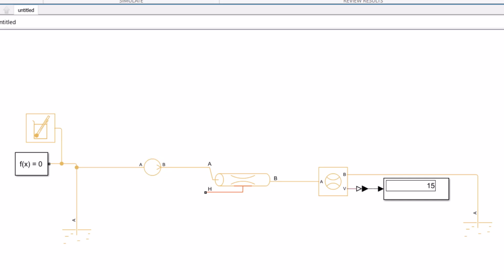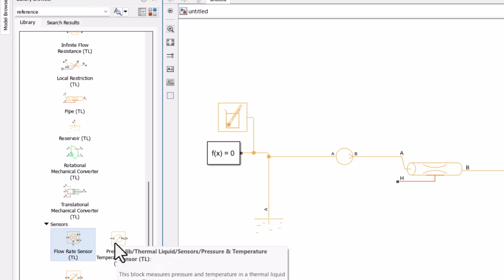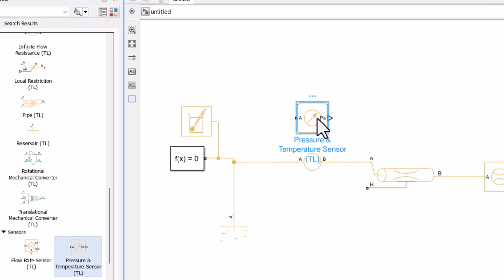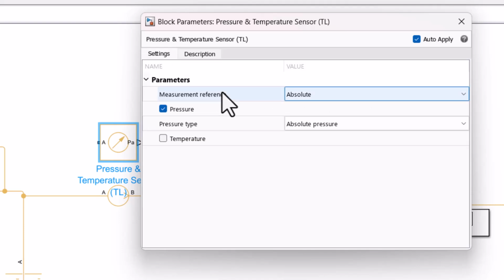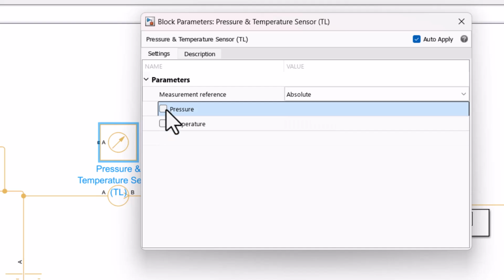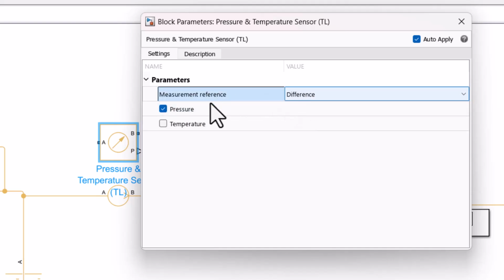In order to answer that question, I need a pressure and temperature sensor. Now, if I double click on this block, I can see that I can check or uncheck the temperature and pressure. I want the differential pressure across this pump.